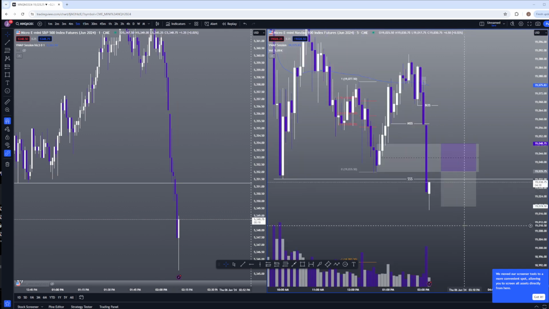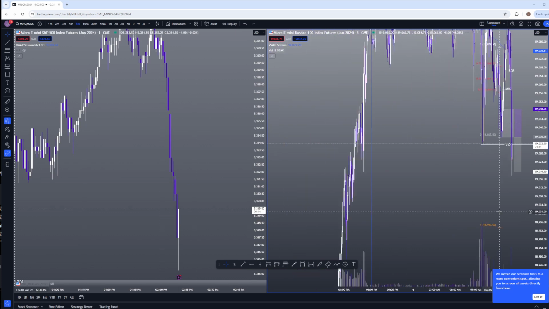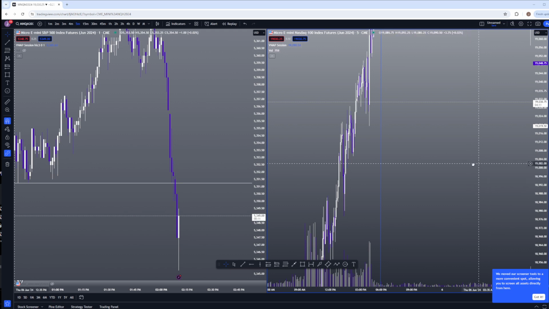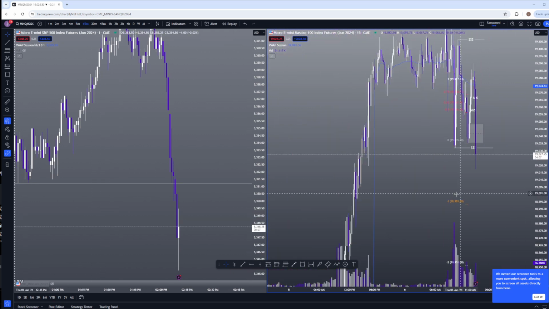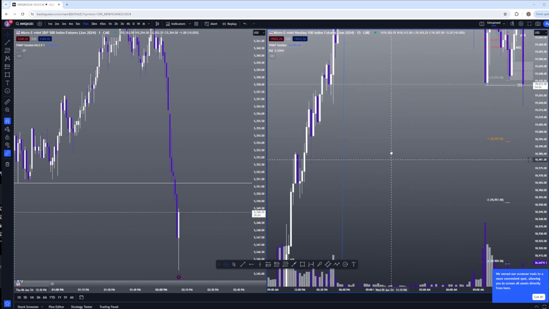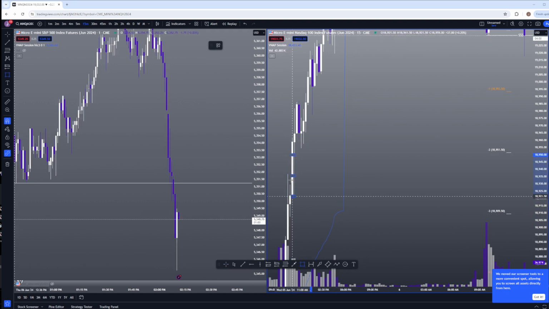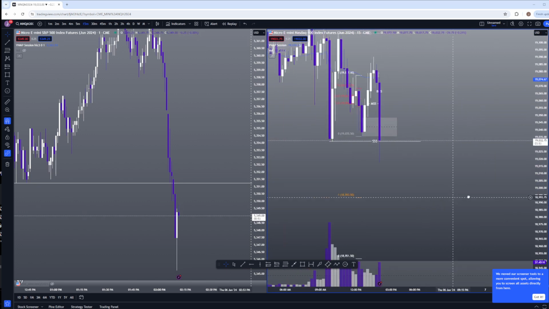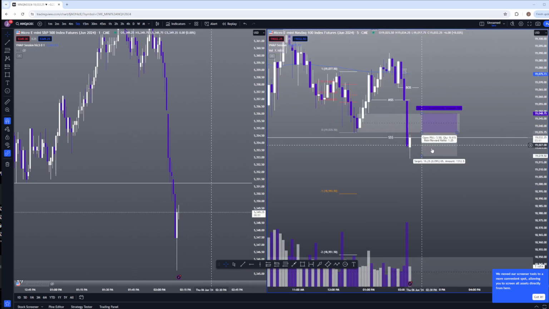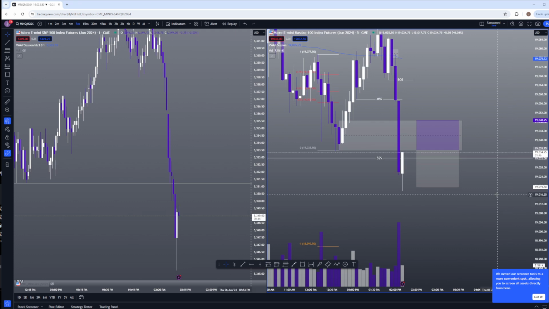Let's see what kind of pullback we get. If we get a reaction off this breaker back to the downside, I'll start to look to short it. But if we're going to push right through very strongly, won't be looking to short that. So we haven't tapped into that breaker just yet.